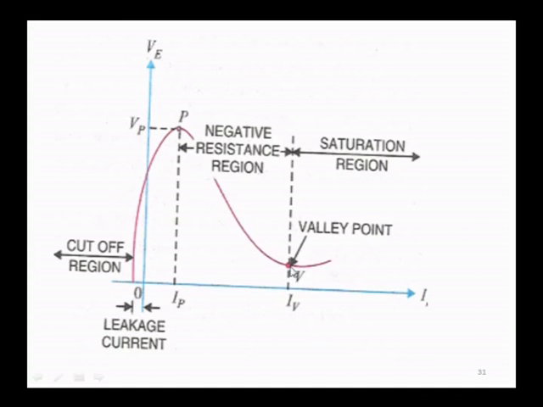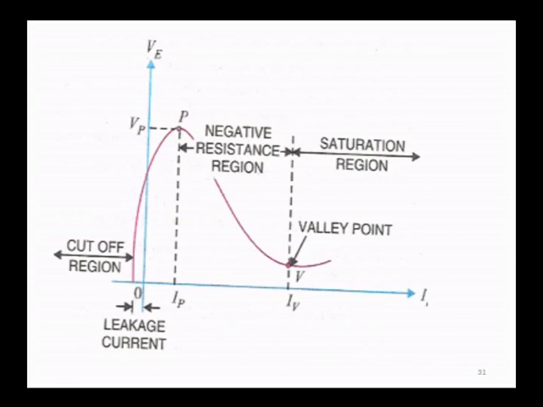These are the nomenclatures used to understand the concept of this UJT. When UJT reaches this, we say it has reached saturation. So, you will be operating your UJT in this negative resistance region. Now, why UJT? It is a very efficient device for triggering your SCR.